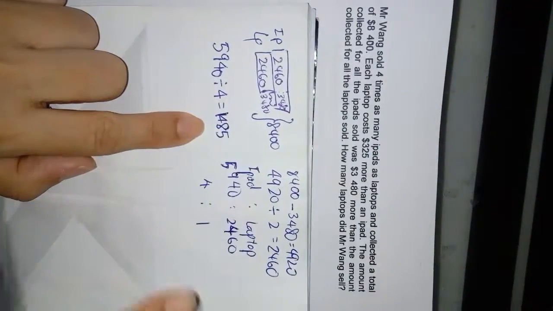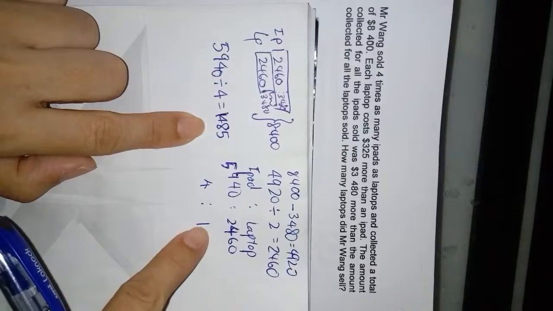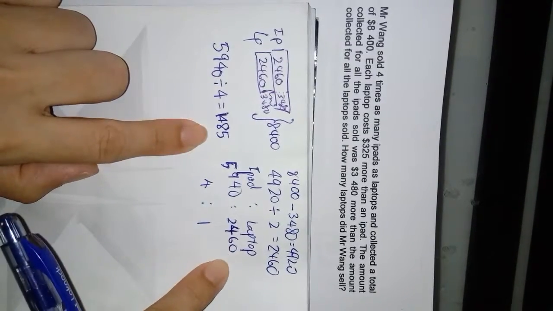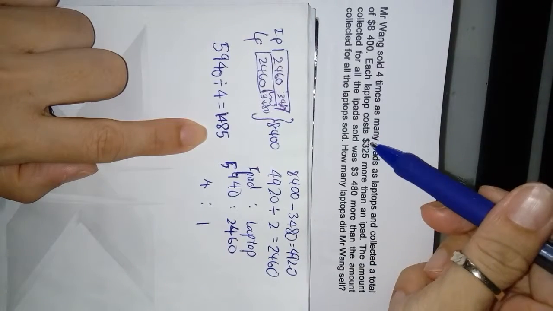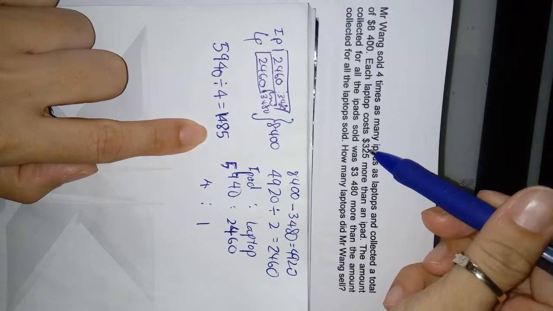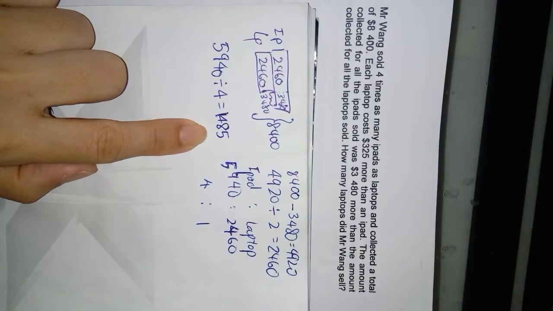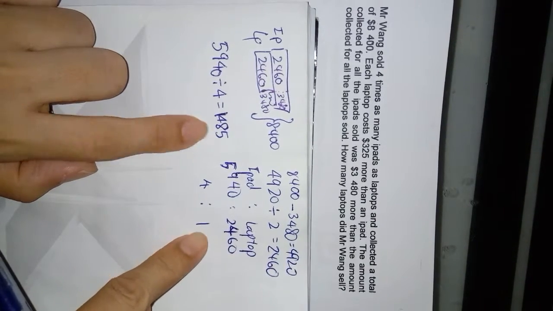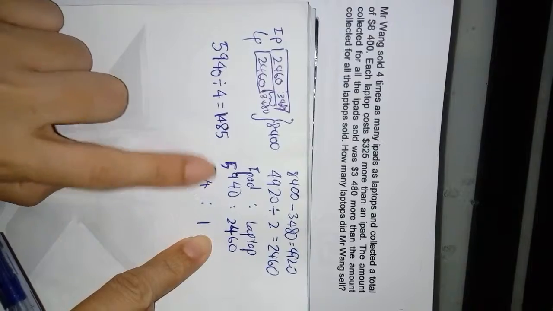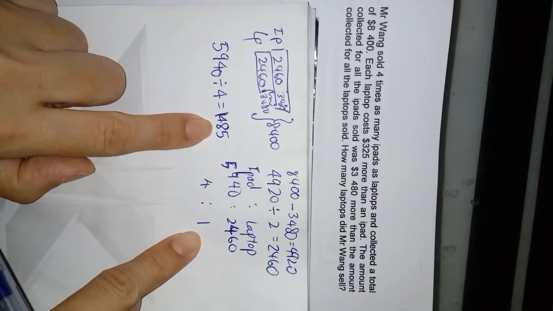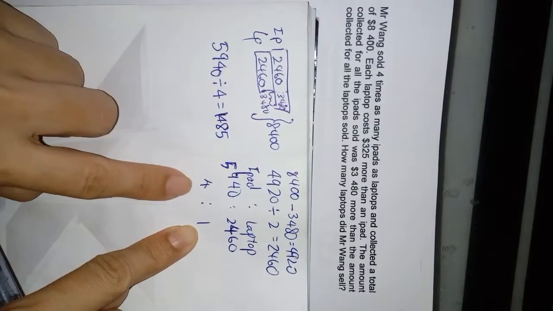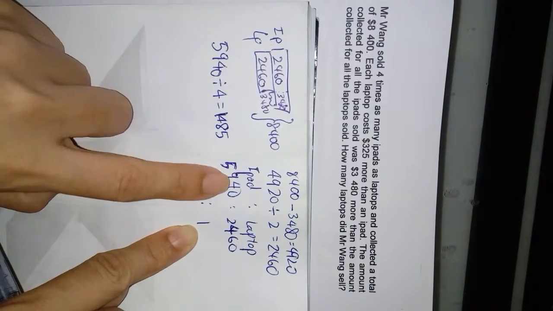Now, look at this. 1 unit for laptop is 2,460. Now, why the difference? Very simple, because the laptop costs 325 more. So of course, even if you sell the same number of laptops and iPads, you should collect more for laptop. Am I right? So I divide by 4 because I'm trying to find the 1 unit for my iPad.